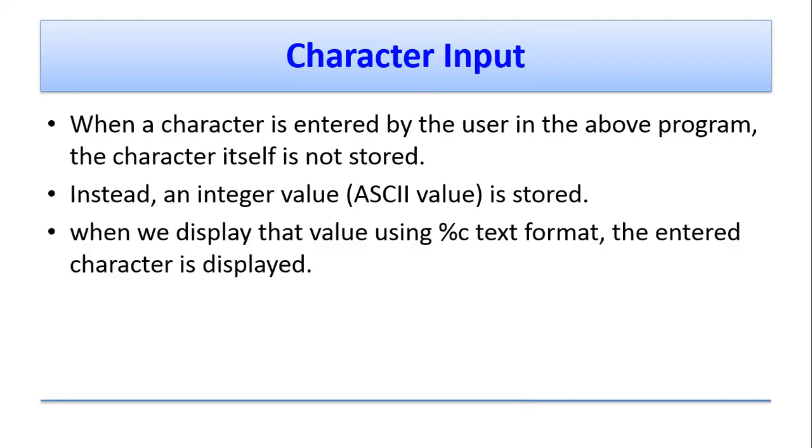So when we display the value of the variable by using the character format, that is percentage %C, the character is displayed. That means the ASCII value is converted to the relevant character. So for example, if A is 63, when you enter character A, rather than the character A, 63 is stored in the variable.